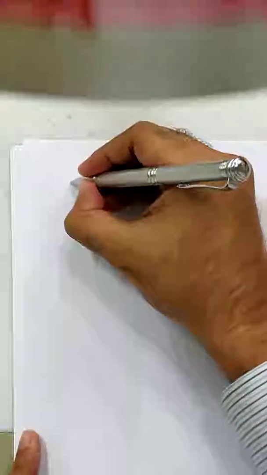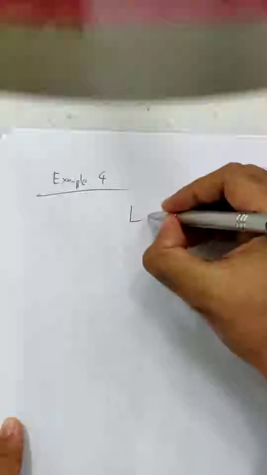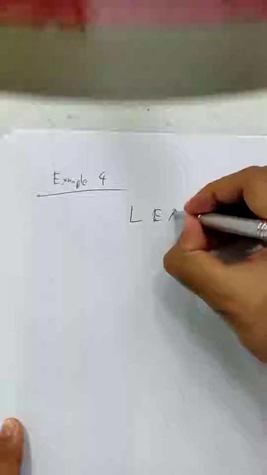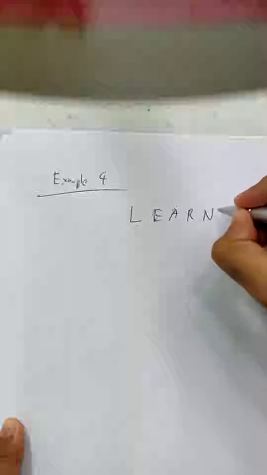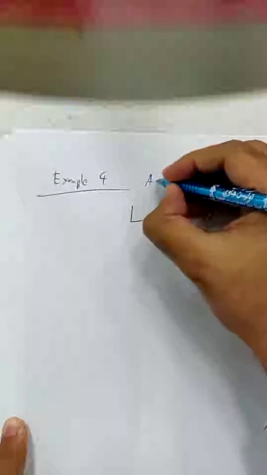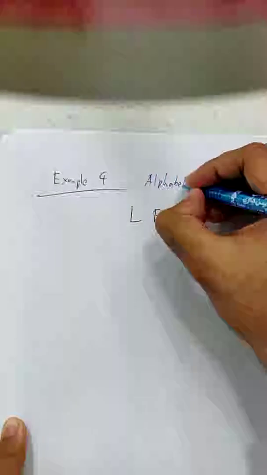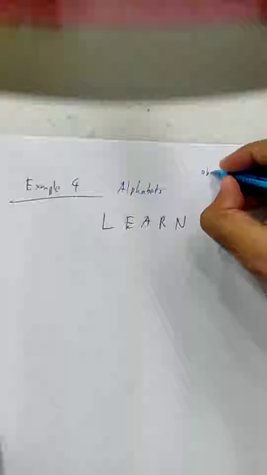Let's start with something simple. Let's say you have the word "learn". This is what we do with alphabets. Okay, for this topic, maybe I forgot to say to you just now, when we say there are objects, there are several types of objects.